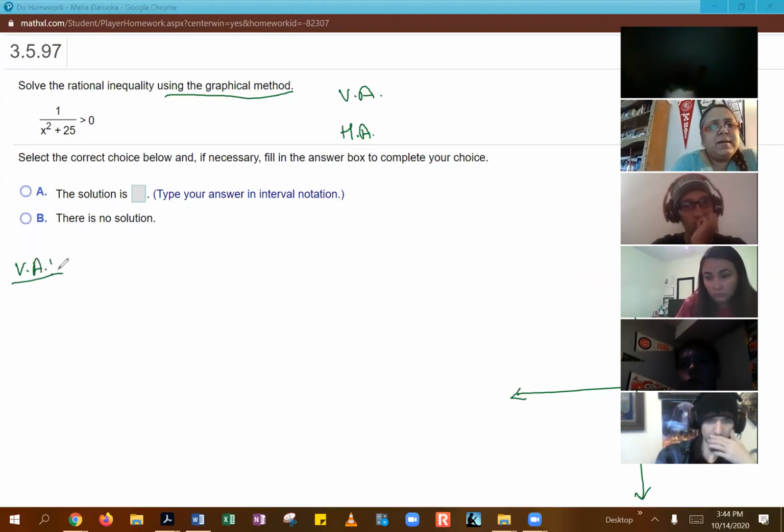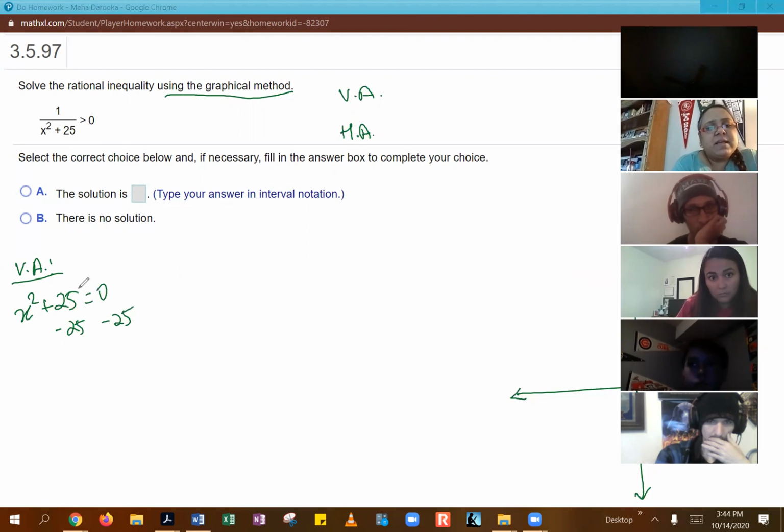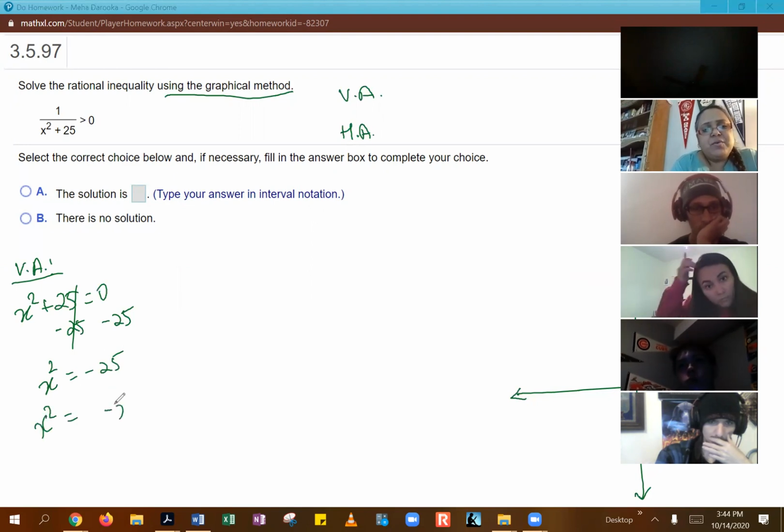Let's take a look. If I take my denominator, set it equal to 0, you would actually end up with x squared equals negative 25. And once you do your square root property, what do you notice over here?